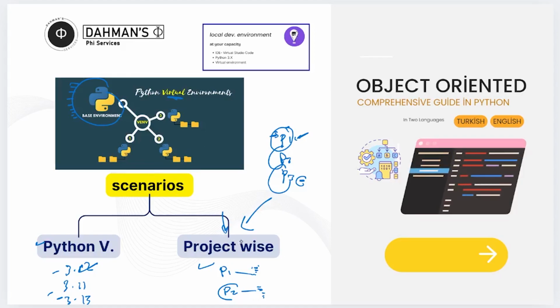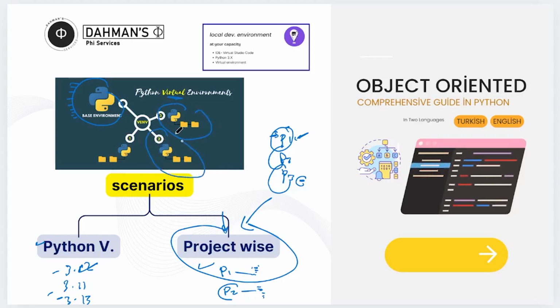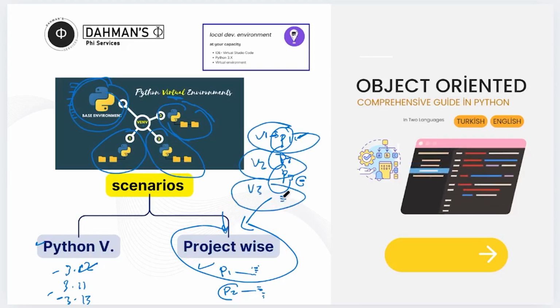In a project-wise scenario, we consider each project to have its own completely segregated environment, and that's why we call it virtual. It's as if you installed a completely segregated Python for each one, each working in its own container of libraries. If I install something and it goes wrong here, it only shuts down this particular environment. It does not affect the others, because the base environment is clean and good.